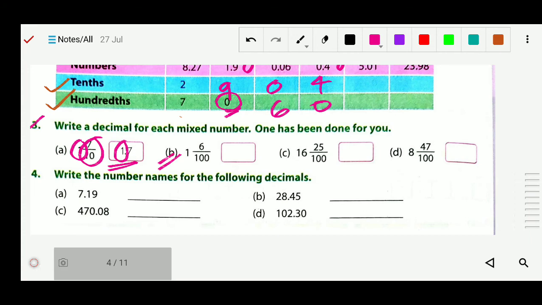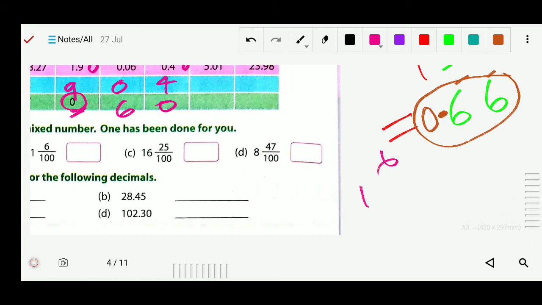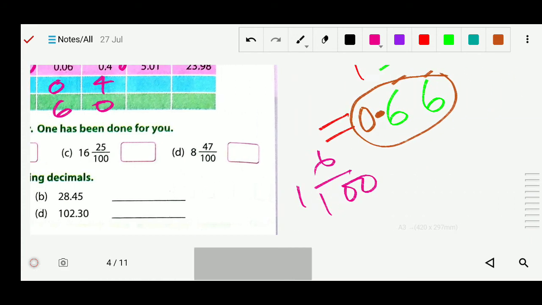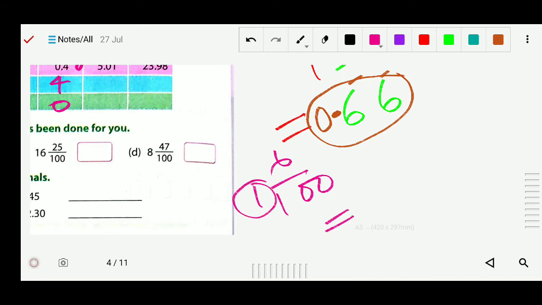So that is 1 and 6 by 100. How will you solve? Simply this 1 is the whole part, so you write 1 here. Then put the decimal. Now 6 by 100. Better you don't do it like this. First write this 1, then put the plus sign.